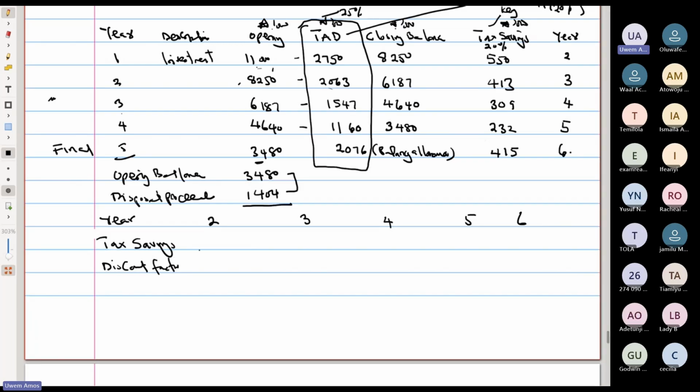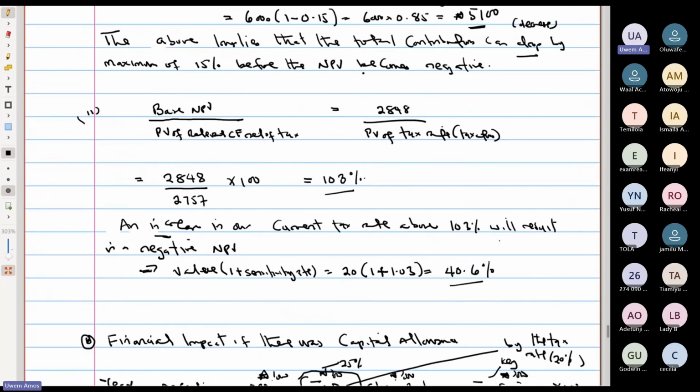So for our tax savings, I'm just copying the values up: 550, 413, 309, 232, 415. Straightforward.